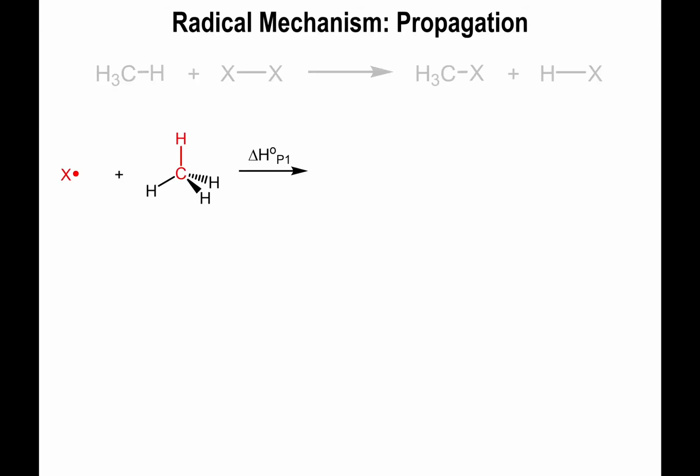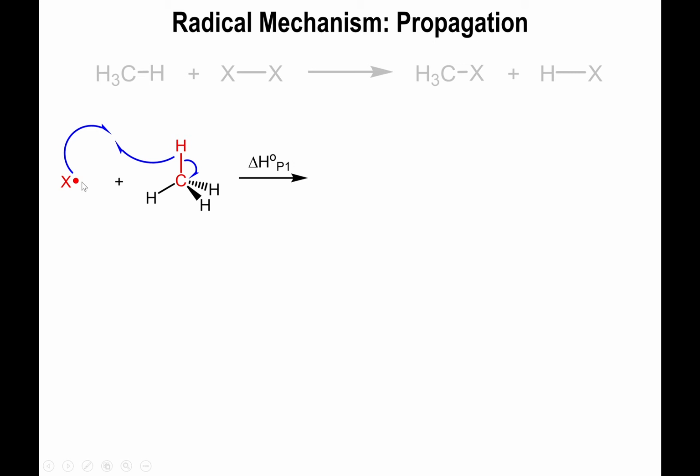So what happens in the propagation is that you start the process. You now let your radical interact with your organic substrate. The radical that has been freshly formed is lacking an electron.